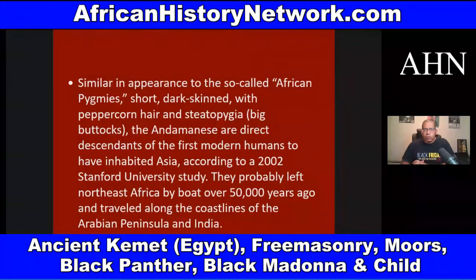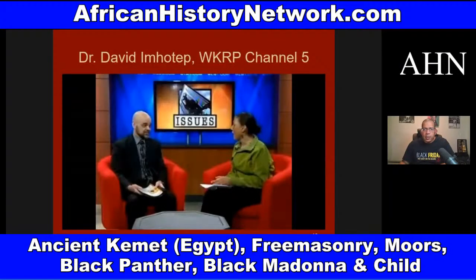The Andamanese are direct descendants of the first modern humans to have inhabited Asia, according to a 2002 Stanford University study. They probably left Northeast Africa by boat over 50,000 years ago and traveled along the coastlines of the Arabian Peninsula to India.